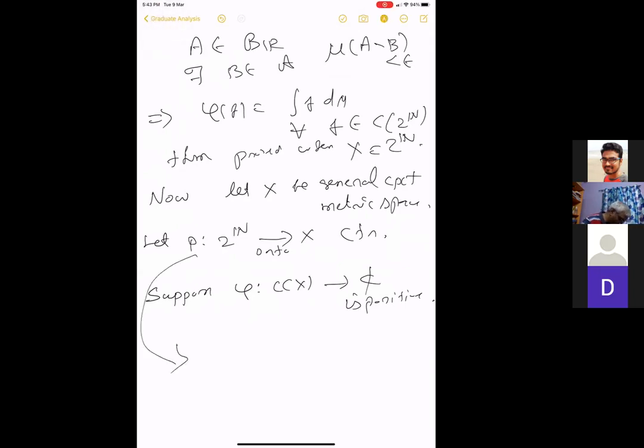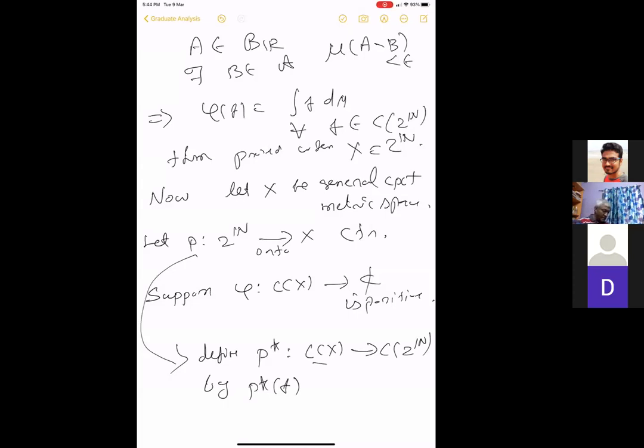So from here we define p star from C of X to C of the Cantor set, a map from this Banach space to that Banach space. For any f, I have to say what is the value of p star of f. It should be a function on the Cantor set.